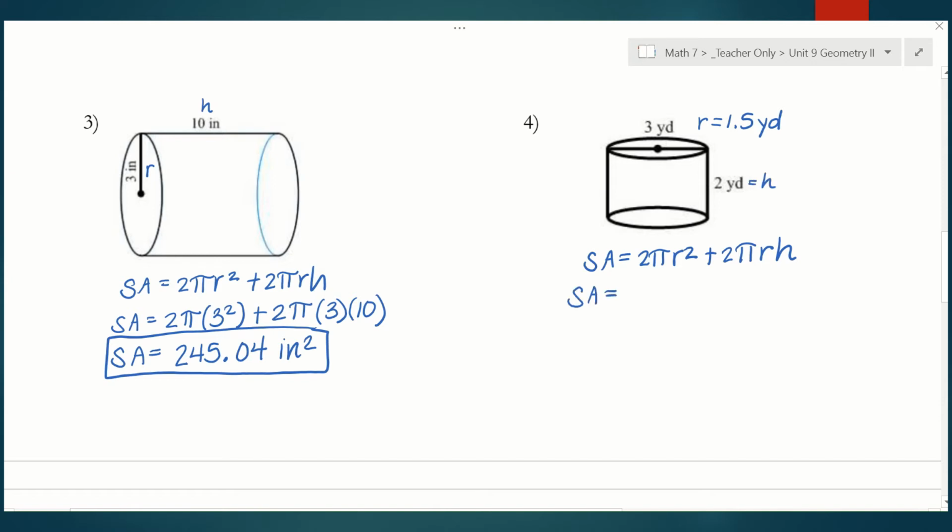All right, so let's do our substitution step. 2 times pi times 1.5 squared plus 2 times pi times 1.5 times 2. All right, take a minute, type all that in your calculator. And to the nearest hundredth, you should be getting 32.99 yards squared.